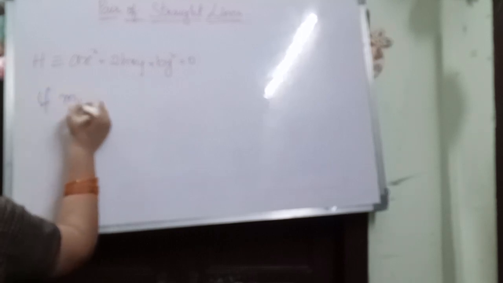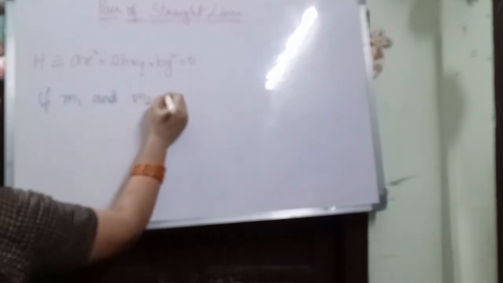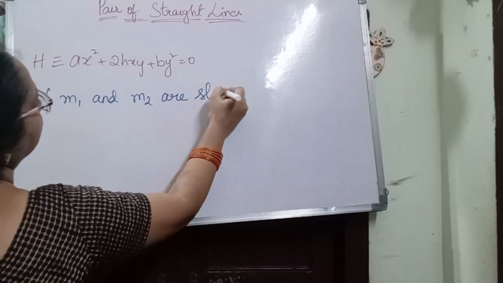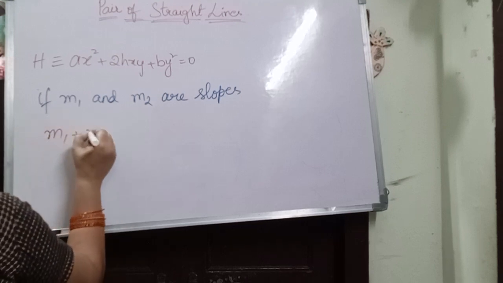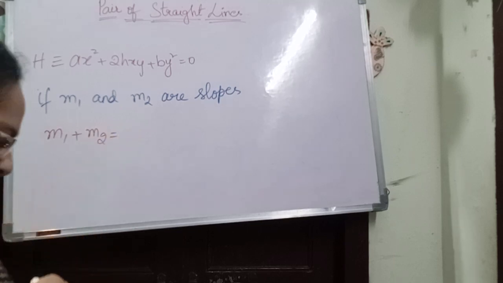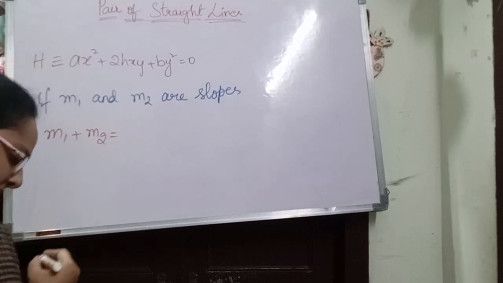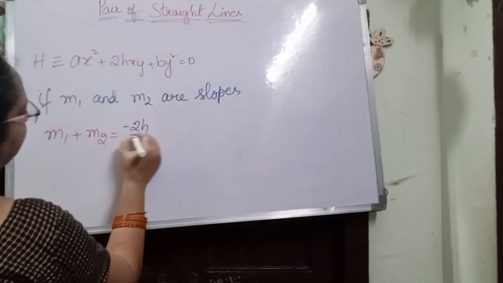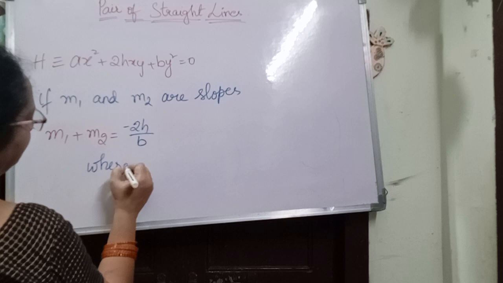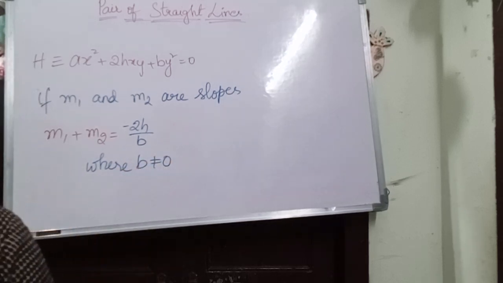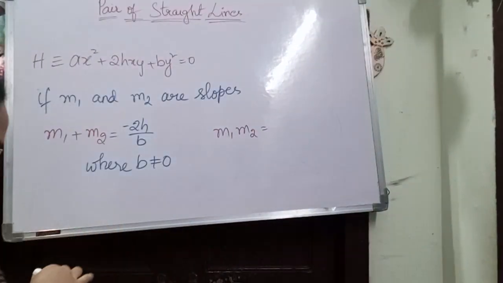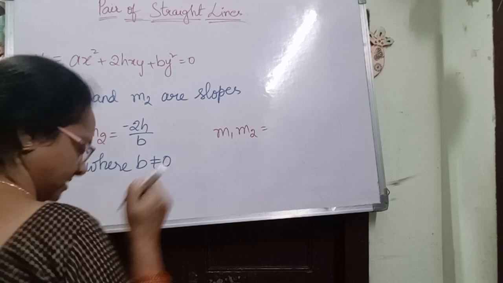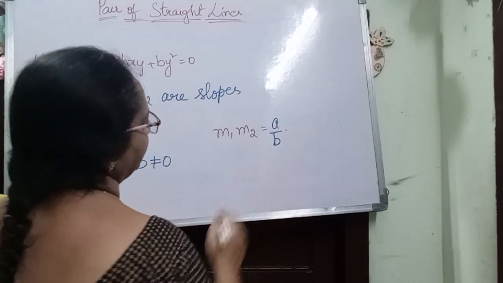If m1 and m2 are the slopes, then m1 plus m2 is given by minus 2h by b, where b is not equal to 0, and m1 into m2 is given by a by b.